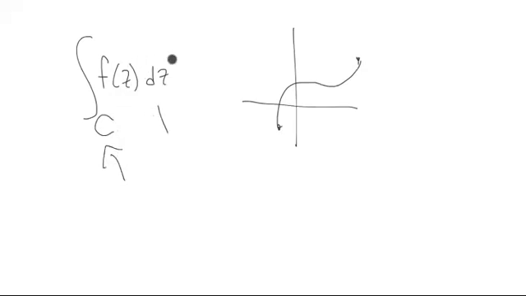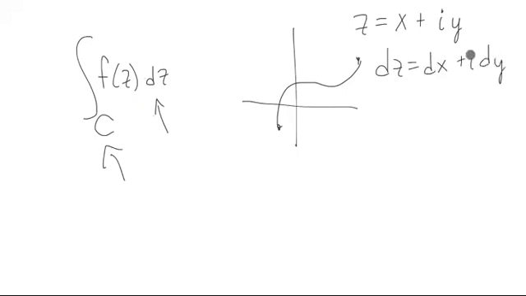realize is, what is z in terms of x and y? I'm going to think of z literally as being x plus iy. So dz will be considered as a complex number, but in little differentials, dx plus i dy. Now, we're going to split f of z up as follows.